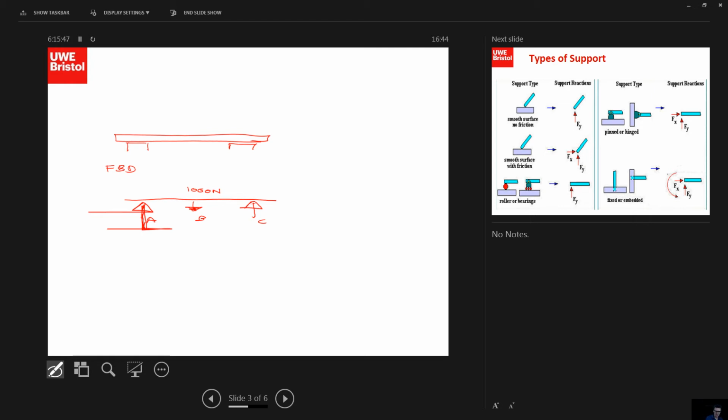But we'll also have a reaction force going in this direction. So I'm going to write that up as a reaction RAY in the y direction, and a reaction RAX.